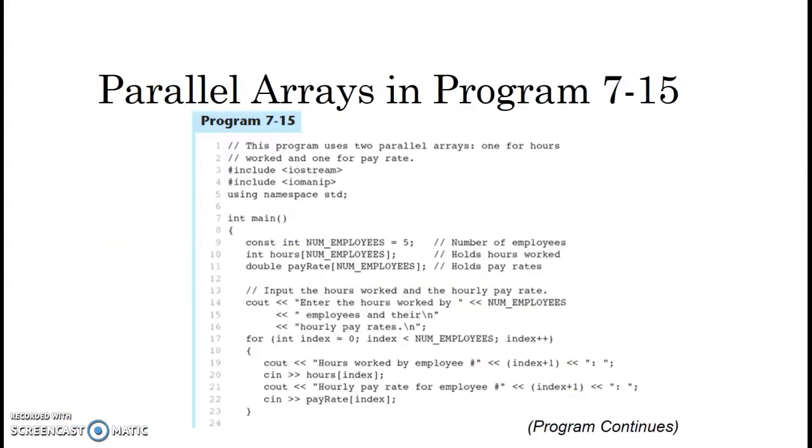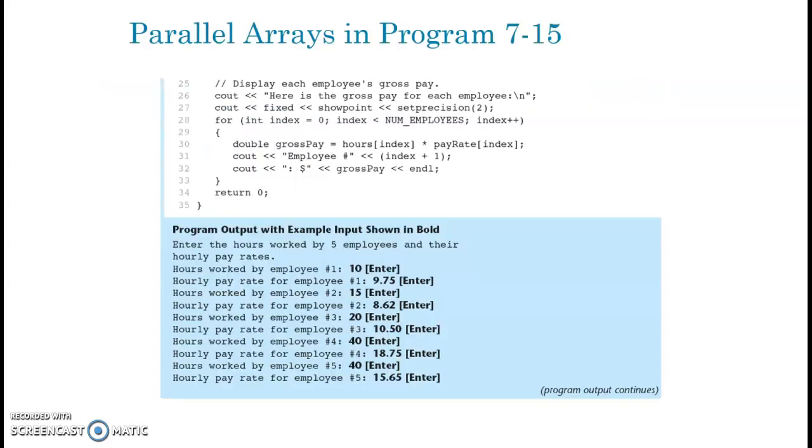Here we see parallel arrays again, talking about the number of employees. We have an array called hours and an array called pay rate. So hours worked by employee 1, they're going to fill that in, and an hourly pay rate for employee 1. Later we can process that to create some sort of payroll. The idea is that we're storing hours separate from pay rate.